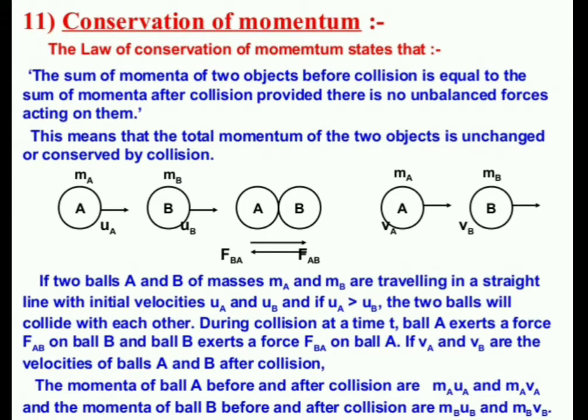P is momentum, m is the mass of an object, and v is velocity. What is the SI unit of momentum? The SI unit of momentum is kg m/s. You studied this point in the previous class.